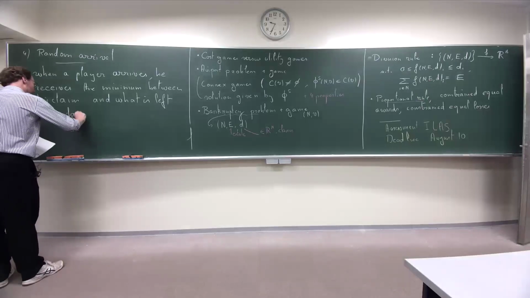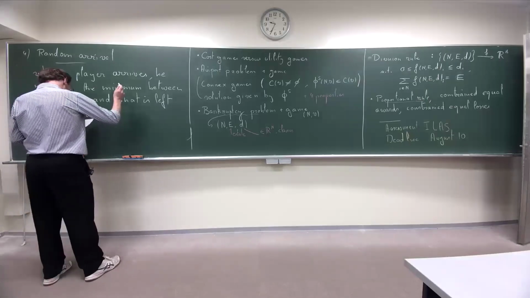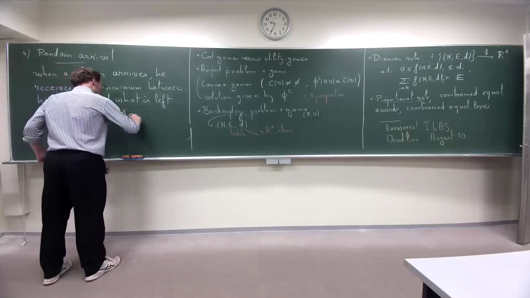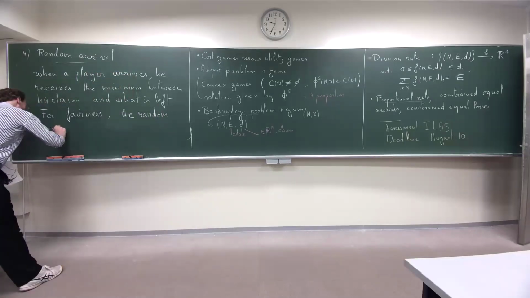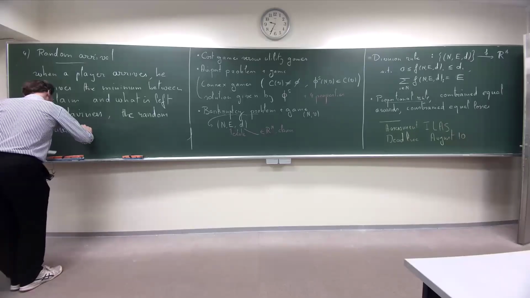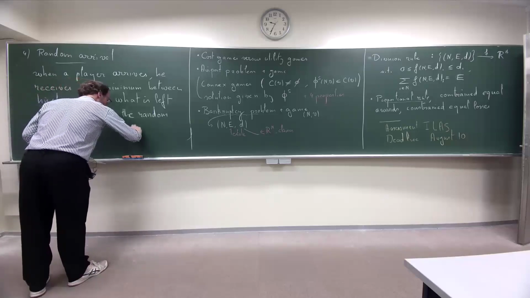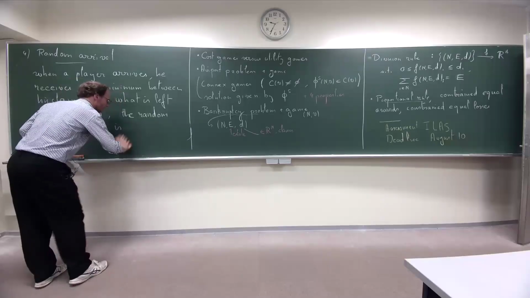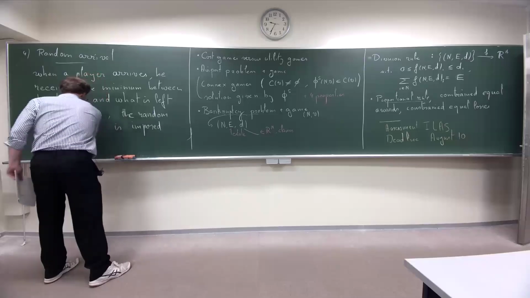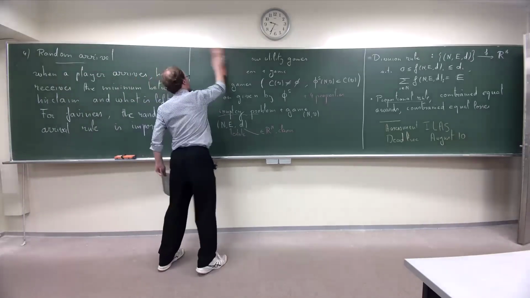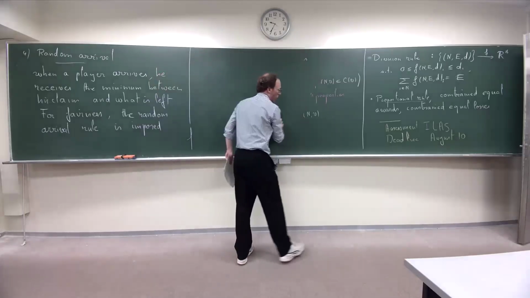For fairness, because otherwise it's related to speed, the random arrival rule is assumed or is imposed. So let's see what it means. I need to look at permutations because we need to take into account all possible orders.